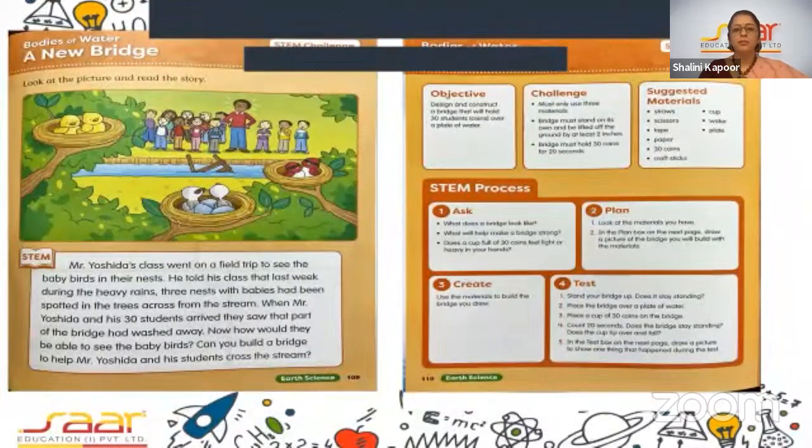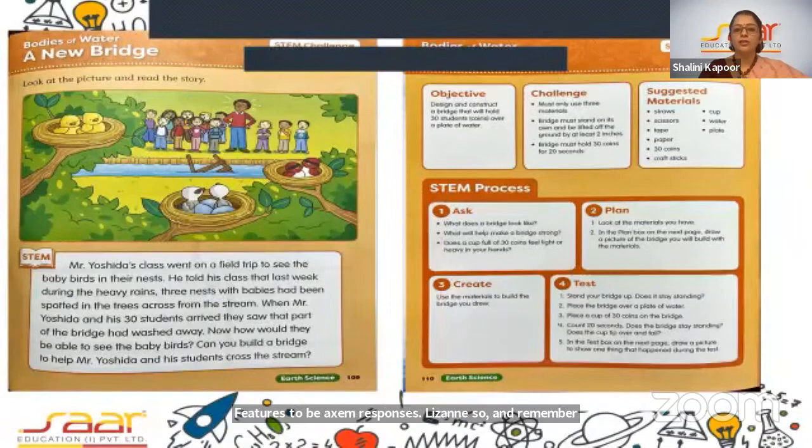Teachers, do we have some responses? Please answer. And remember, in a STEM class, there is never a right or a wrong answer. There are always new answers that can be accepted.